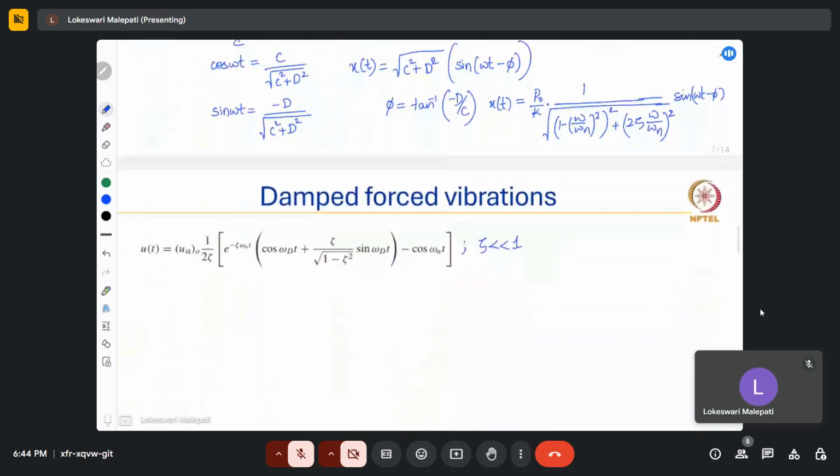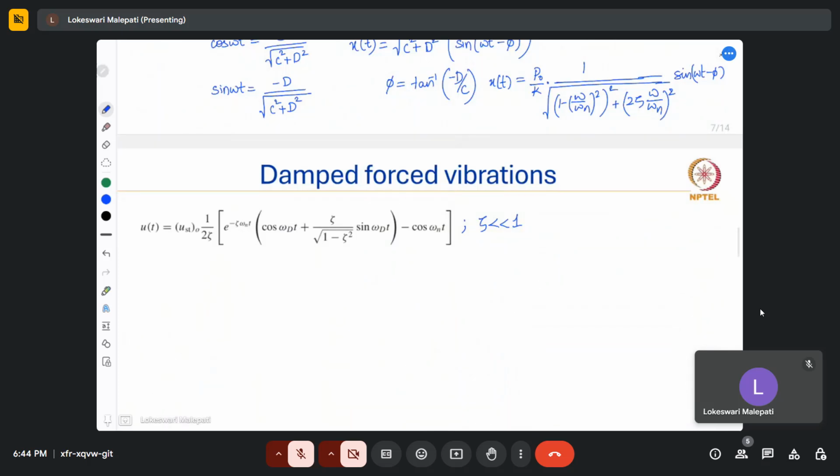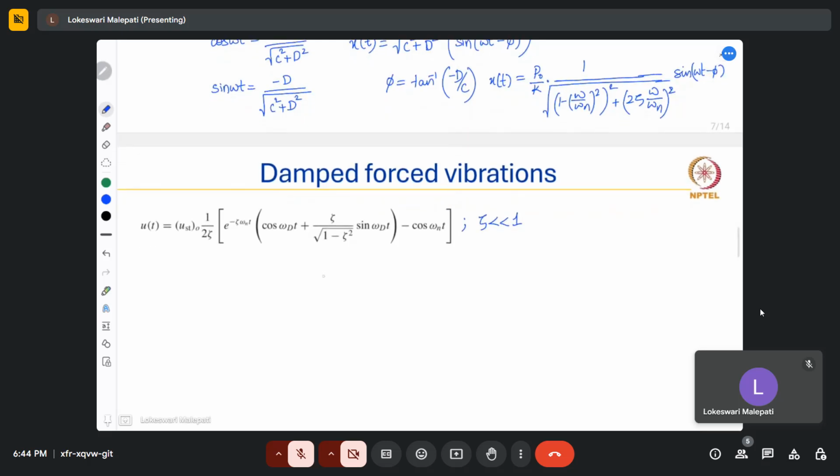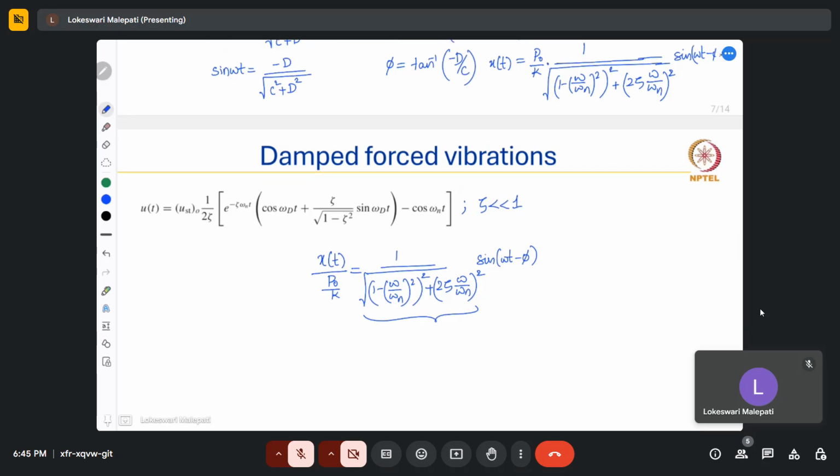So this is the dynamic response, and if we take the ratio of this with respect to P naught by K, this will be 1 by square root of 1 minus omega by omega n the whole square plus 2 zeta omega by omega n the whole square, times the sine term of omega t minus phi, and this term is called the deformation response factor in the case of damped forced vibrations.